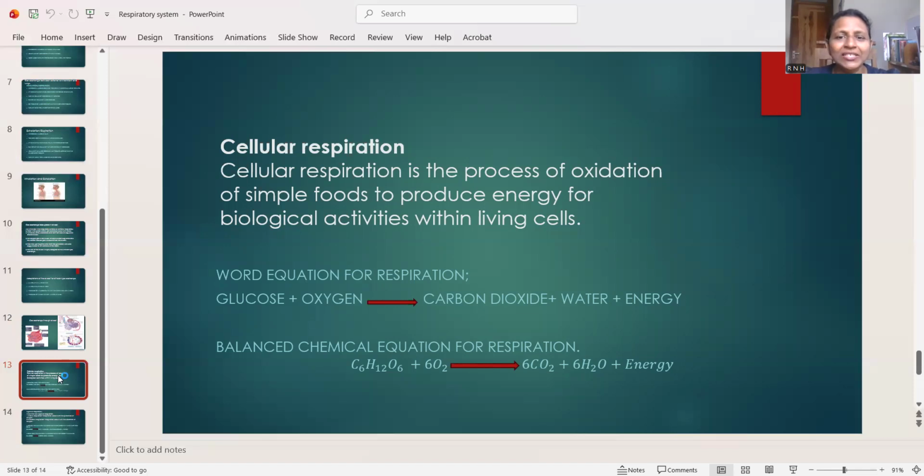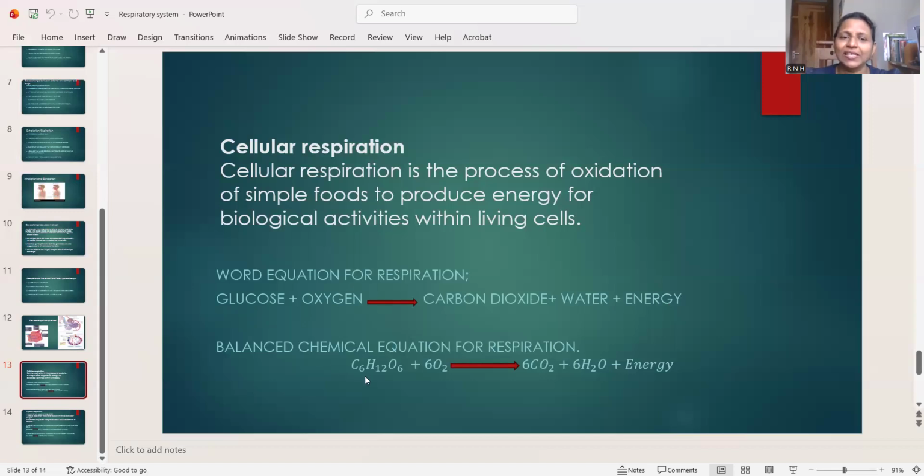So we can write it using an equation. First, we can see the word equation. Here you can see glucose plus oxygen gives carbon dioxide plus water and energy. So this is the energy needed for biological processes. We can write it as the balanced chemical equation.